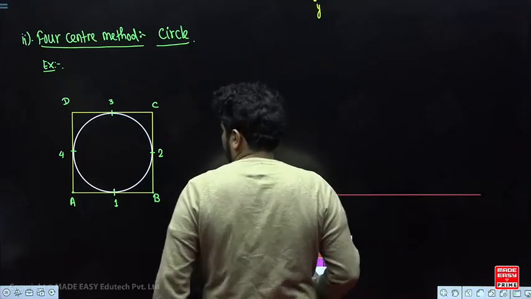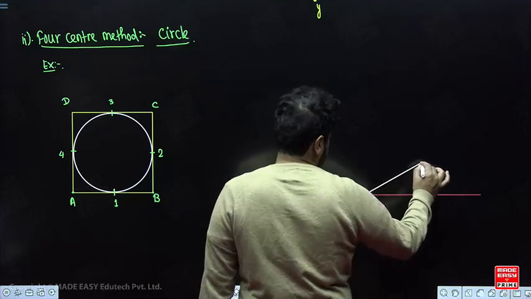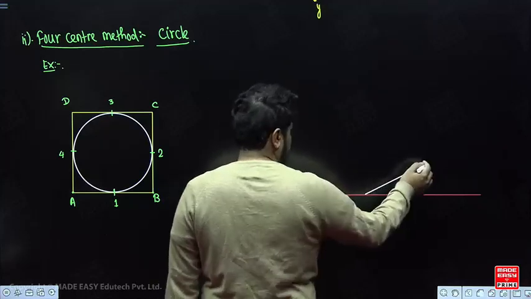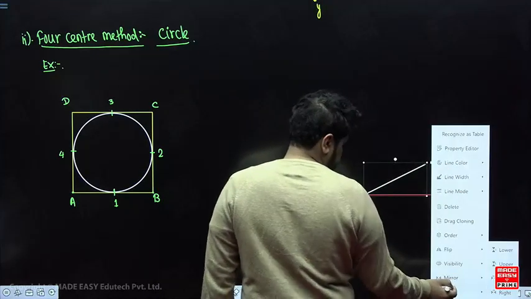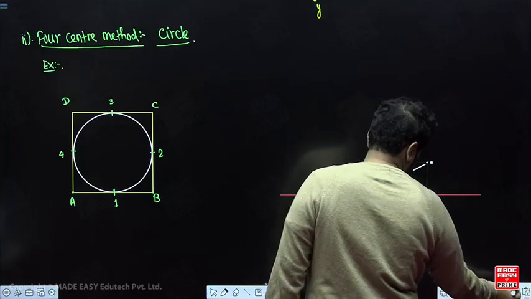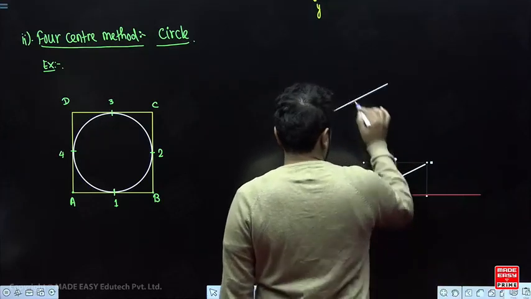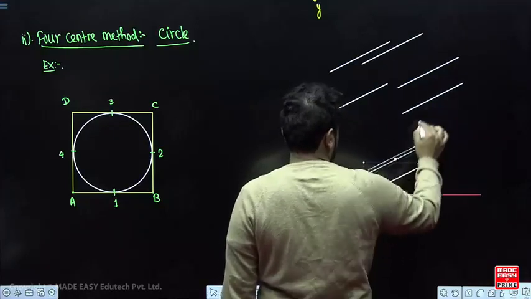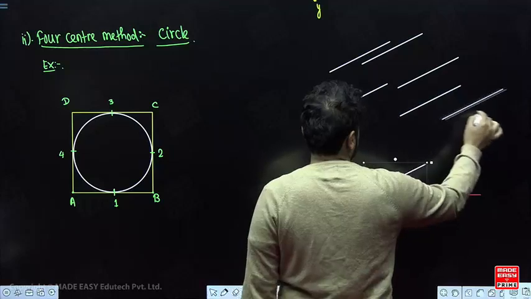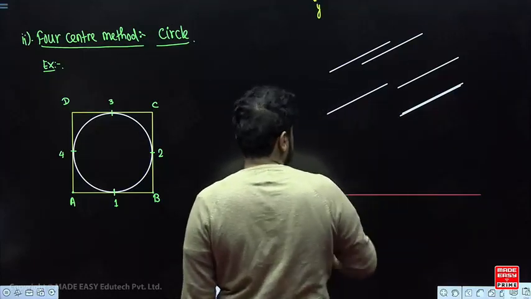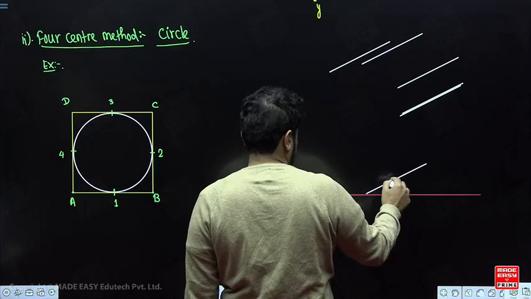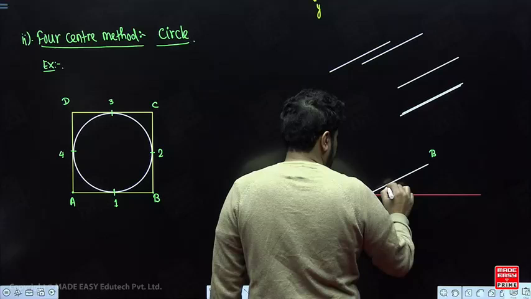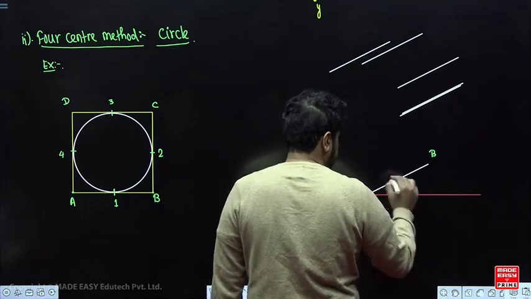Now from point A just make 30 degree. Correct? Right. So this is A and this is B. Correct? At how much angle you have to make? We have to make 30 degree. Correct?